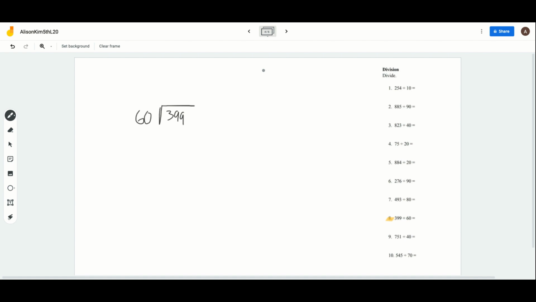So let's try 60 times, let's try 4. 60 times 4 is 240. We could still have a little bit more to go in, so let's try one more higher. 60 times 5. That's 300, right? Let's go a little bit higher.